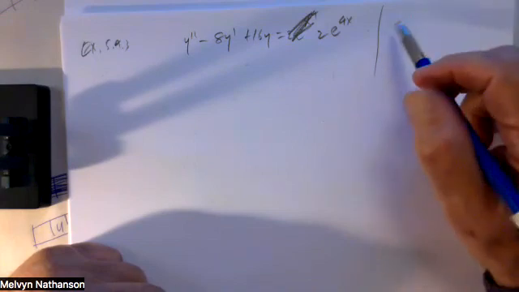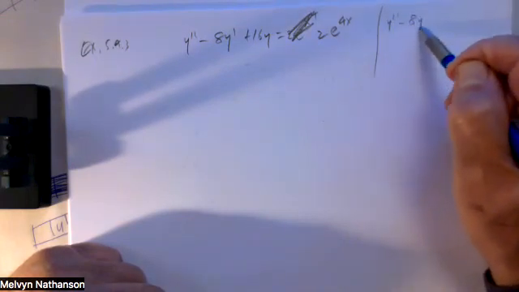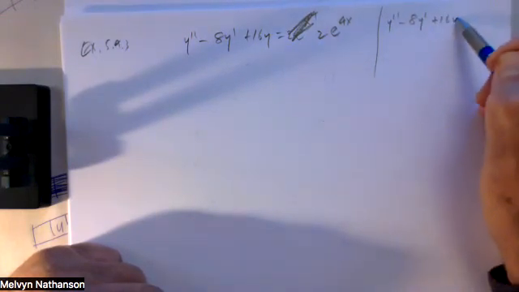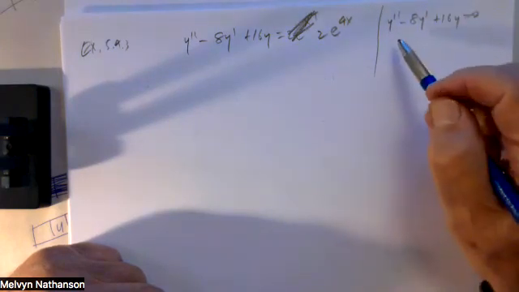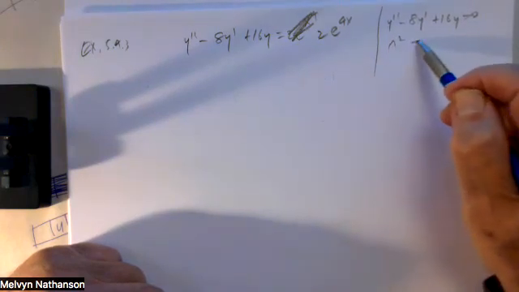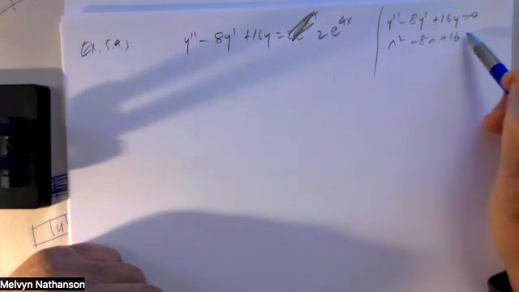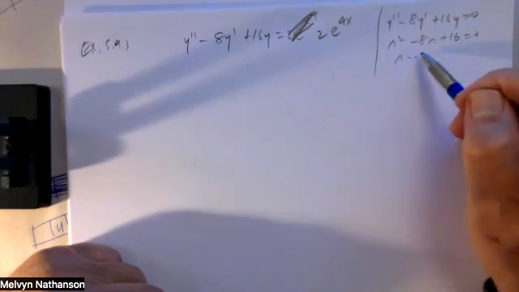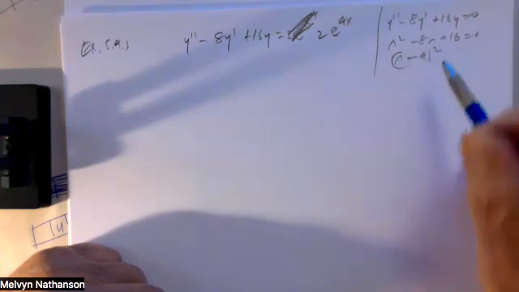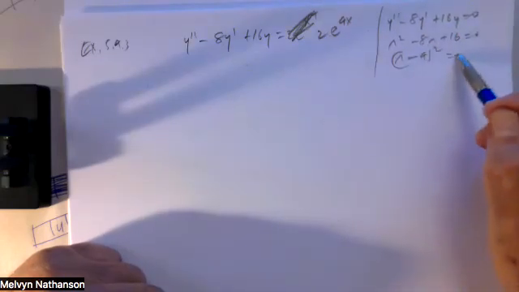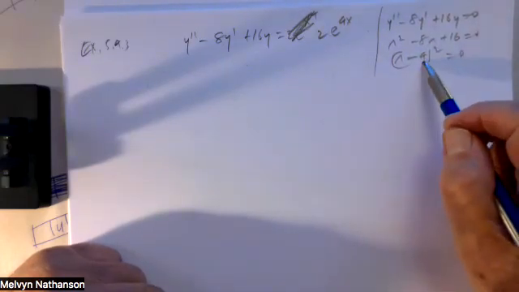And the complementary equation, y'' - 8y' + 16y = 0, has the quadratic equation r² - 8r + 16 = 0, which is (r - 4)² = 0. So this has a double root.